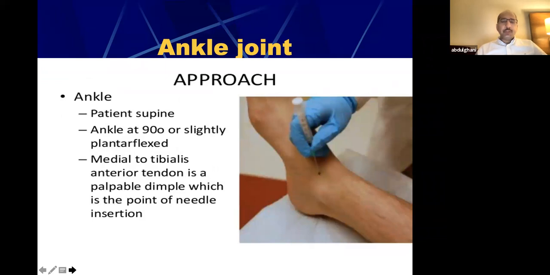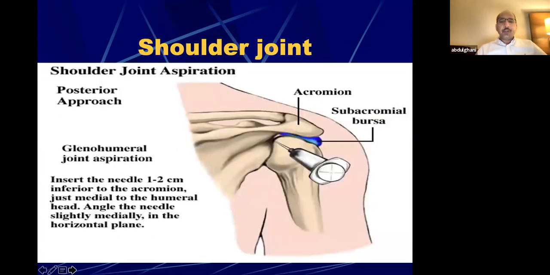For the ankle, the patient is supine, the ankle is at 90 degrees, and just medial to the tibialis anterior tendon there is a palpable dimple, which is the point of needle insertion. In the shoulder joint, invariably from the posterior approach, insert the needle 1 to 2 centimeters inferior to the acromion, just medial to the humeral head, and angle the needle slightly medial in the horizontal plane.